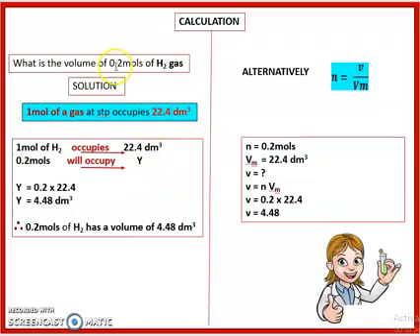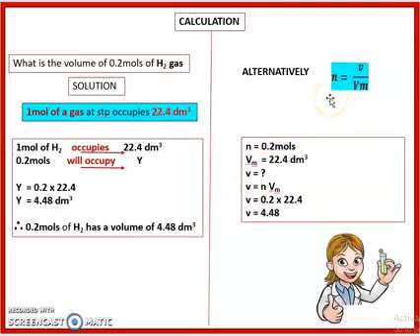So 0.2 mole, which is from the question, will occupy Y. Let's assume Y is the volume we are looking for. From here, to find Y, you cross multiply. So Y equals 0.2 times 22.4, which will give you 4.48 dm3. Therefore, 0.2 moles of hydrogen gas has a volume of 4.48 dm3. Okay?